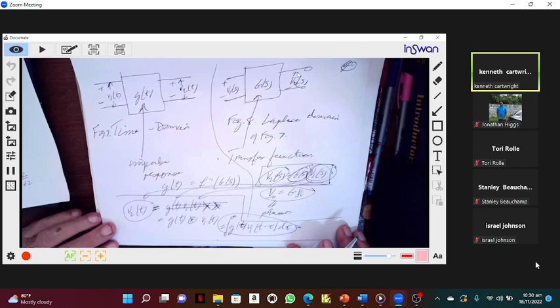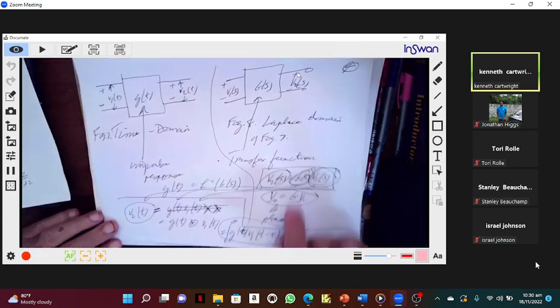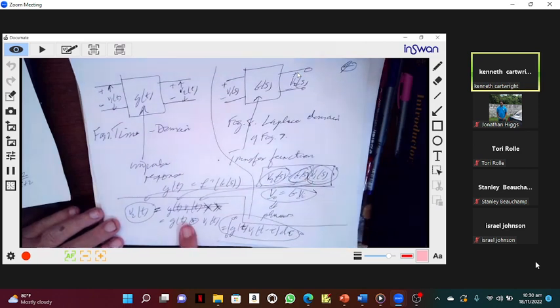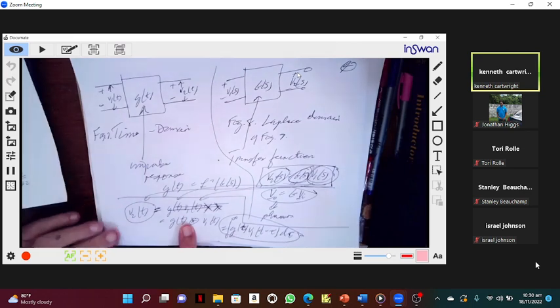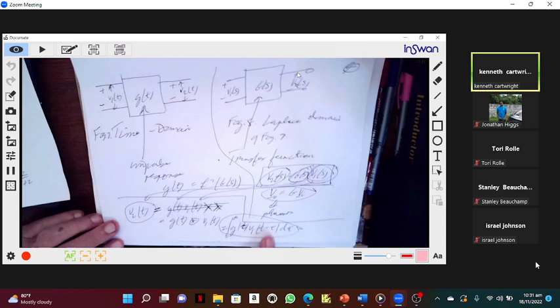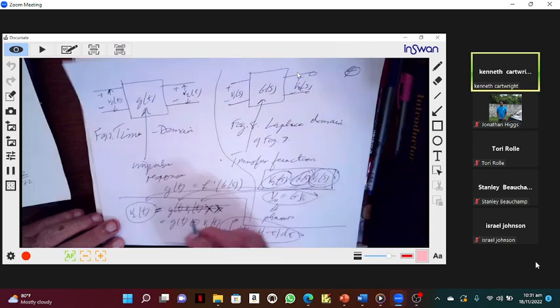You don't have to worry about doing this. What you need to know, though, is multiplication in the Laplace domain is convolution in the time domain. Even if you don't know what convolution is, it's another mathematical operation involving an integral. I just don't want you writing G of t times V1 of t. This is not times.